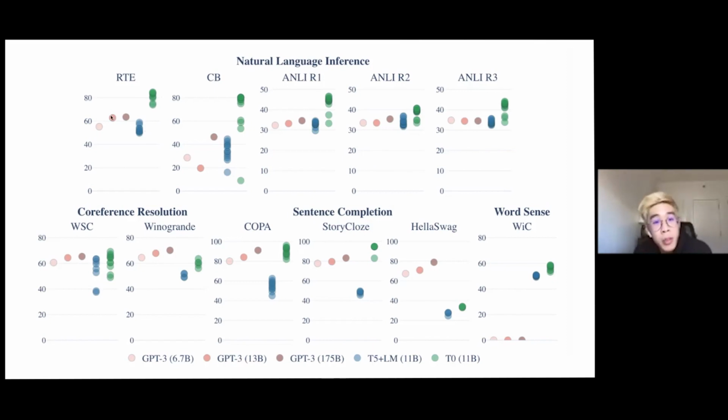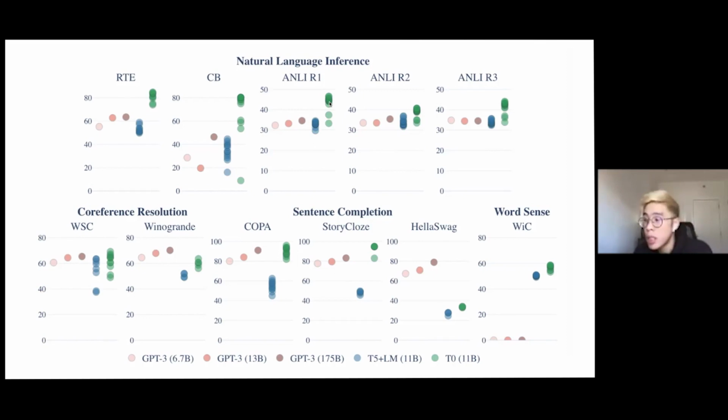The second thing I want to point out is that if you compare to the brown dots, the biggest size of GPT-3, the 175 billion parameter model, our T0 models are on average at least matching it or outperforming it by a large margin in most cases.